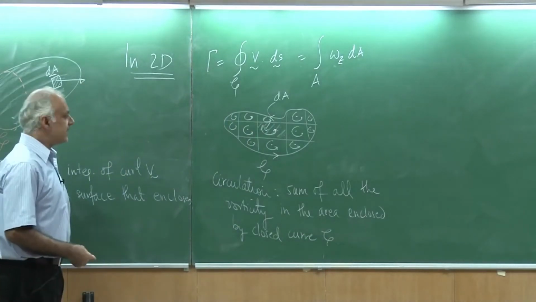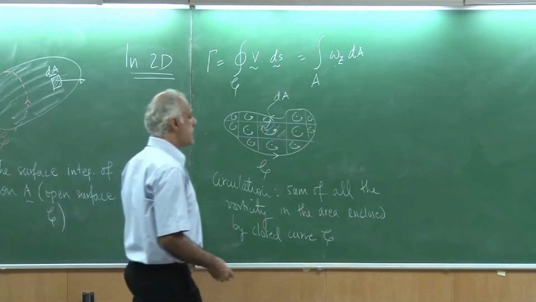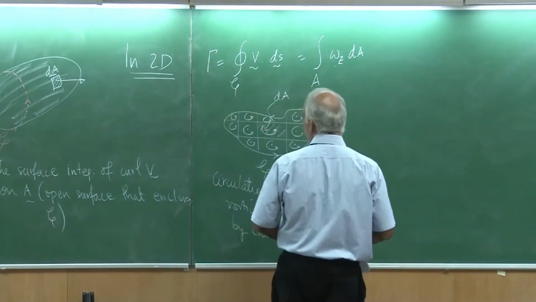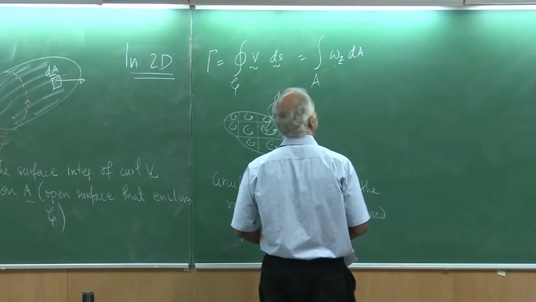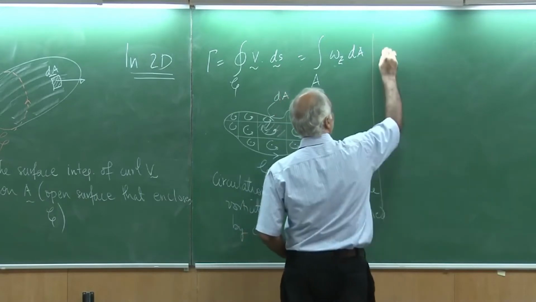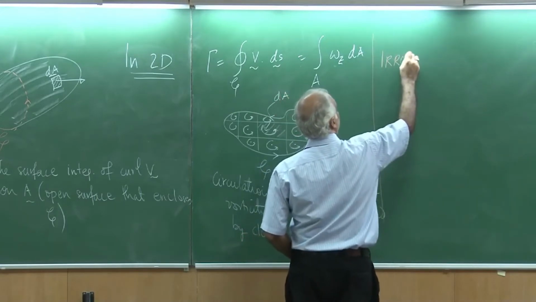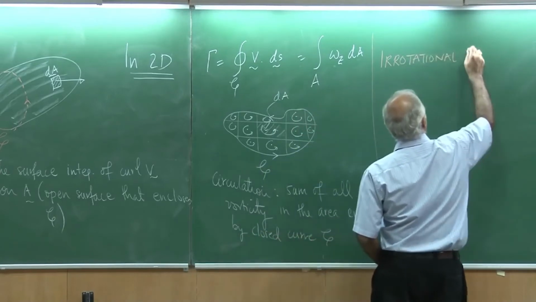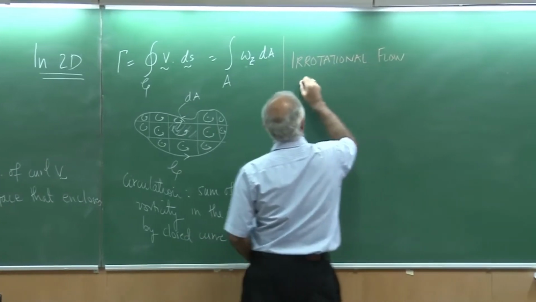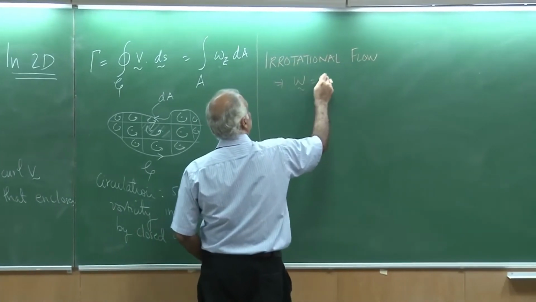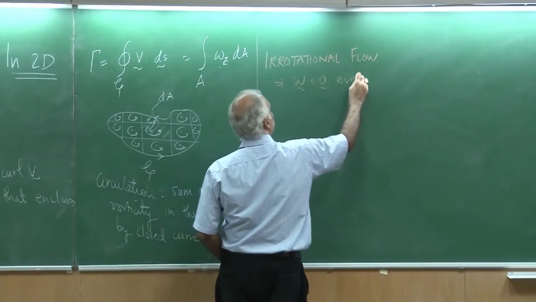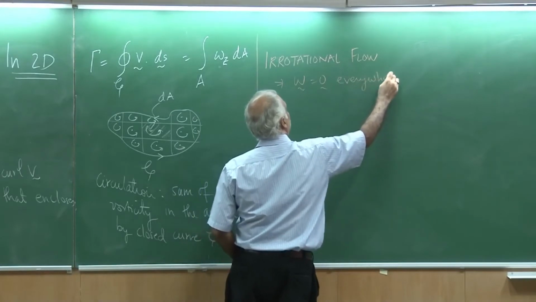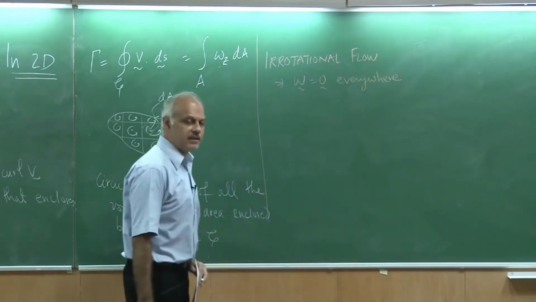This should now help us interpret irrotational flows. So, if I have an irrotational flow, that means omega is 0 everywhere, right.